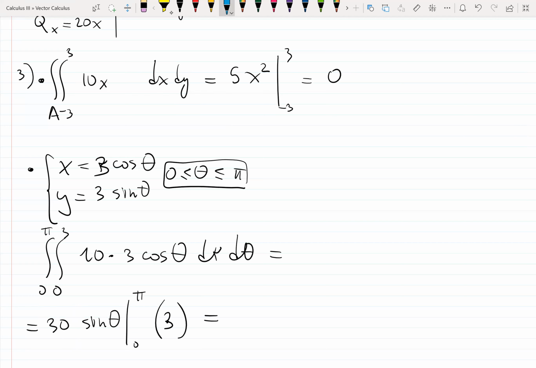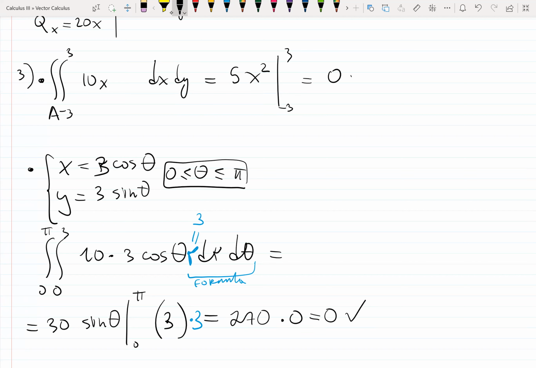Good catch. It's also one more 3 over here. That's part of the formula, r d theta. Now I have 3 times 3 times 30, that's some kind of number, 270, and then sine of pi is 0. Sine of 0 is 0. So that's times 0, which gives you 0.